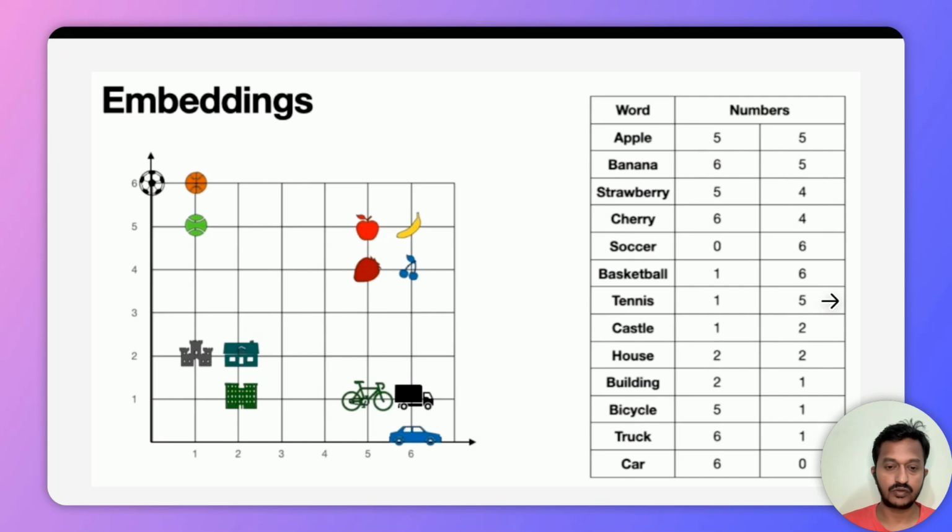Fruits are grouped closer to each other because they come under the same category, and the games, the balls, as you can see, tennis, basketball, and soccer, they come under balls. They are grouped together closer to each other, and automotive like bicycle, truck, and car, they are more similar. Automotives are grouped together. So that's how the objects are stored in a vector database.